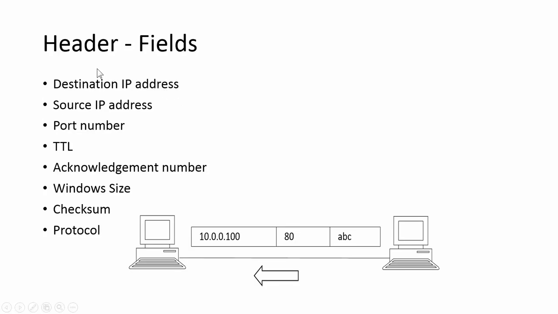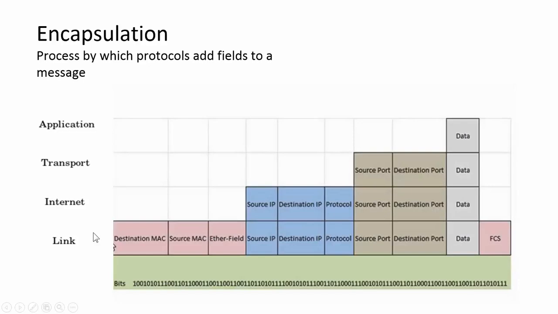A header is made up of fields, and some important fields include destination IP address, source IP address, port number, time to live, acknowledgement number, window size, checksum, and protocol.